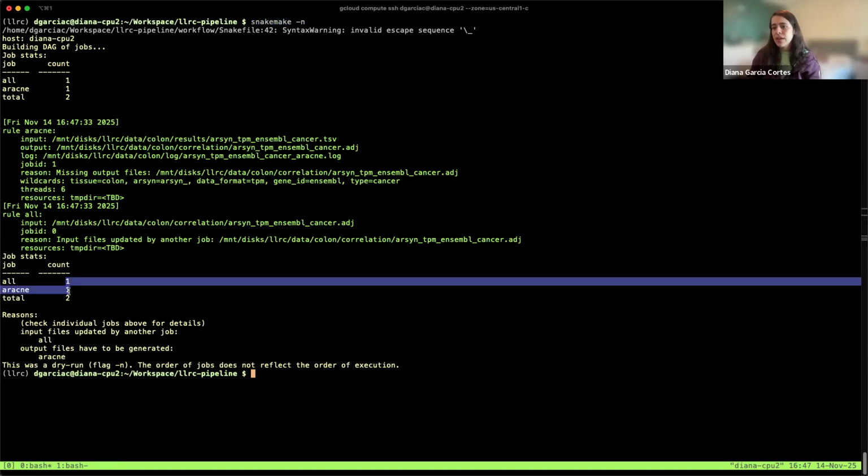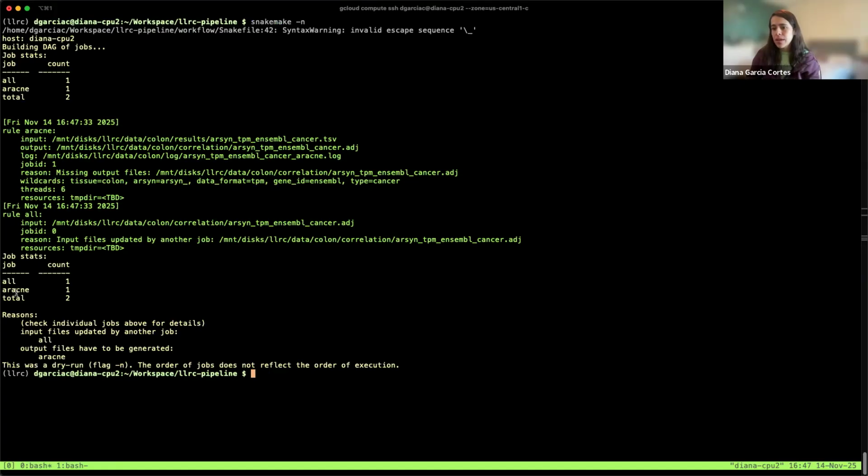So this says that I only need to run one task, because of the way I set up the pipeline for this example.